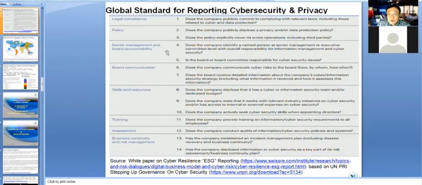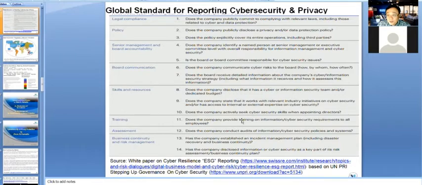Then senior management involvement: they should be accountable and take responsibility for cybersecurity matters like data breaches, and the board as well. It also needs to be communicated in everyday operation, and they need to hire highly skilled cybersecurity manpower and allocate enough budget to set up infrastructure and systems for cybersecurity and privacy protection.